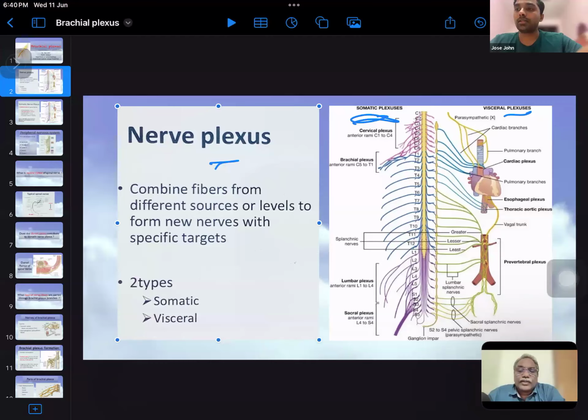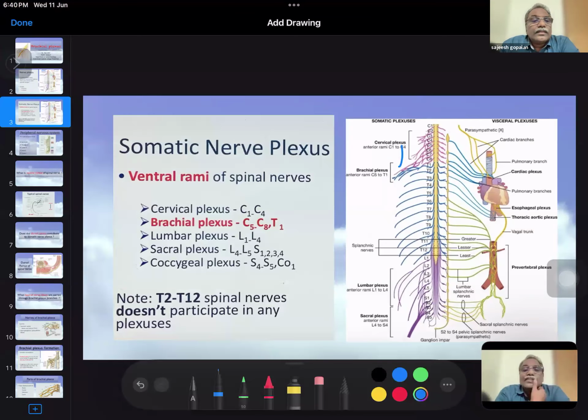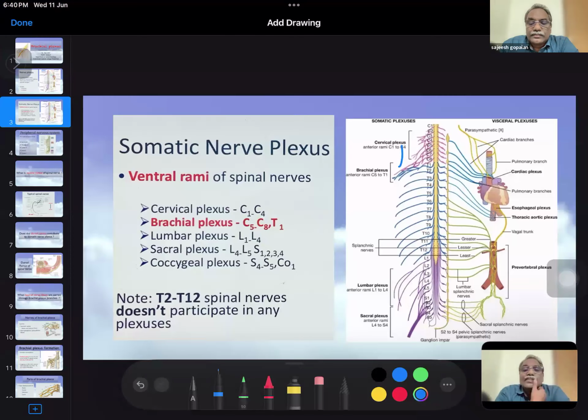Okay, so we were dealing with the nerve plexus. Somatic plexus in the right side and the visceral plexus in the left side. So this somatic nerve plexus, they arise from the ventral rami.